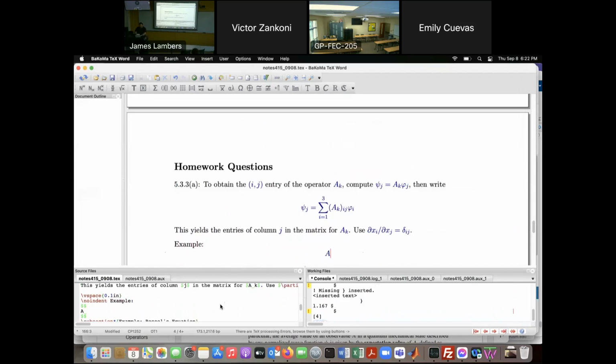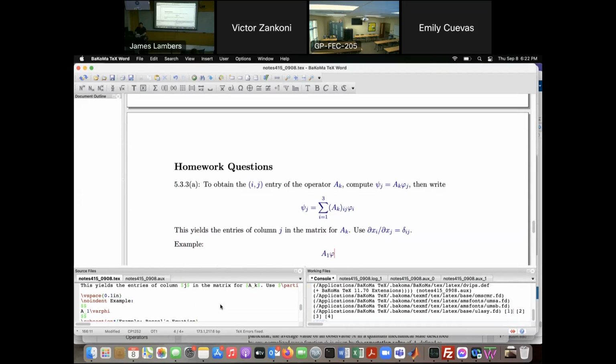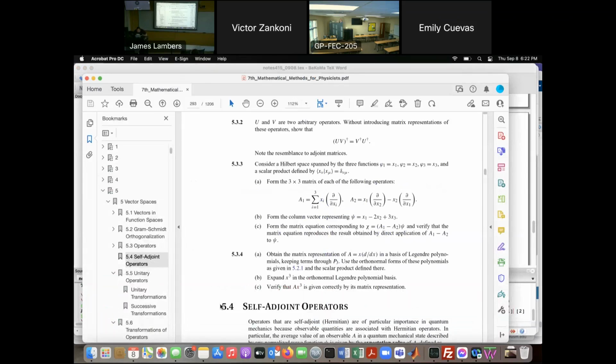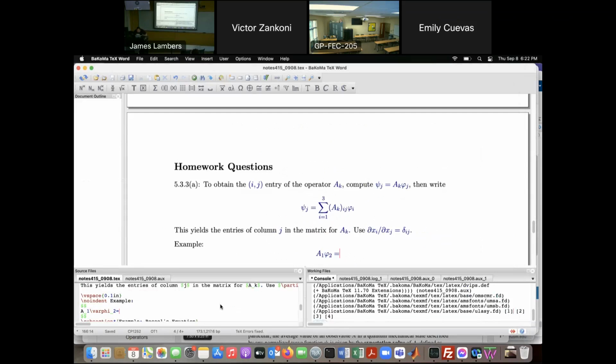So A1 phi 2. Okay, so that would be a sum.